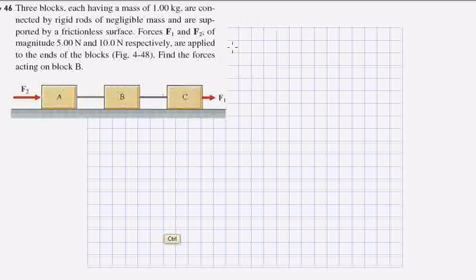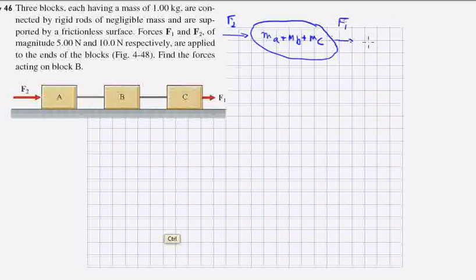M_A plus M_B plus M_C. Look at all of that as a system and realize that I have a force F2 of 10 newtons acting on the left side of it, and a smaller force of F1 acting on the right side.